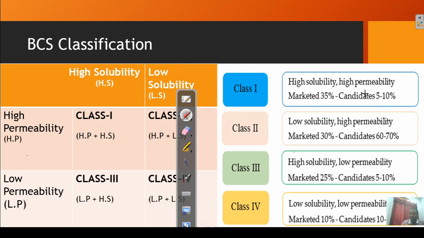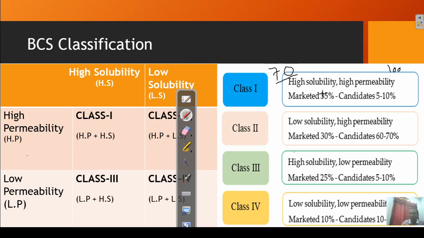Suppose there are 70 drugs which are marketed out of a total of 100 drugs present. It means that 100 drugs have been discovered up till now, and there are 70 drugs in the market.